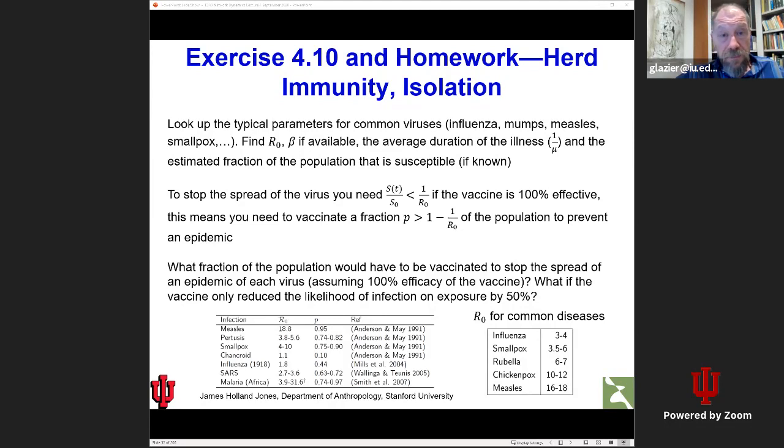And that means that you have to change whatever it is you're going to do, whether you're doing it by isolation, quarantine, social distancing, vaccination. You have to get R naught down a lot. Because if R naught's above 1, it will spread. And so, in a sense, knowing your enemy by knowing R naught tells you something about how hard it's going to be to suppress the disease.